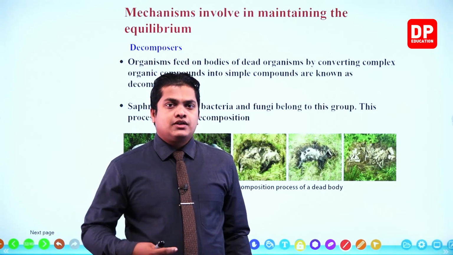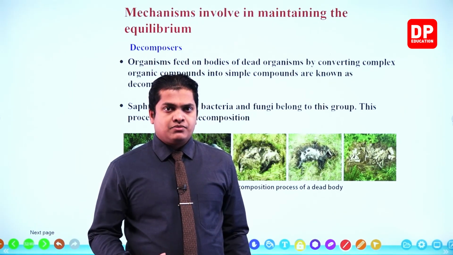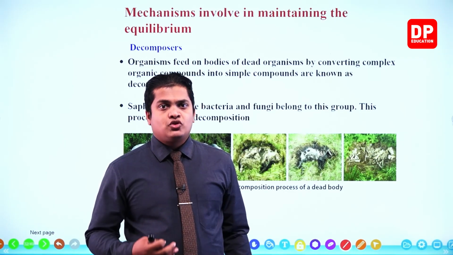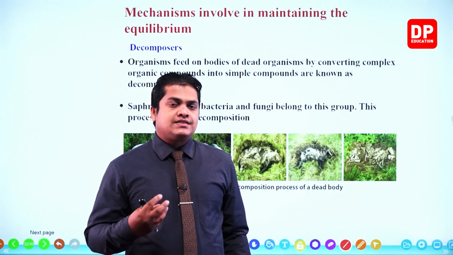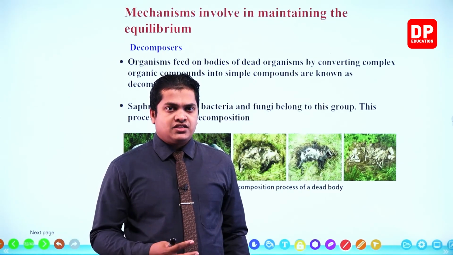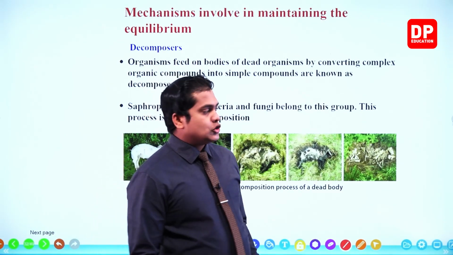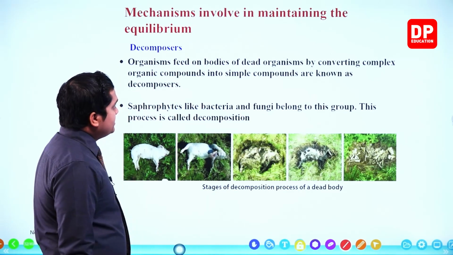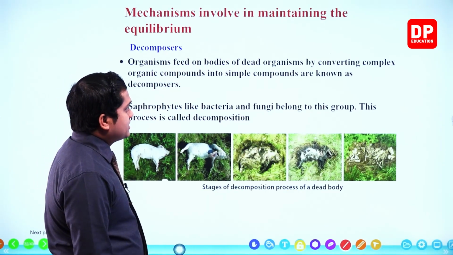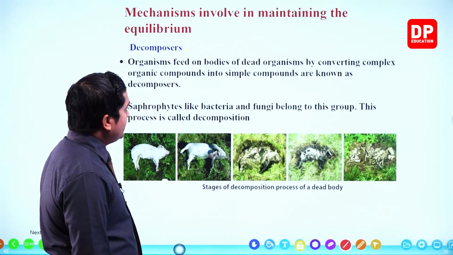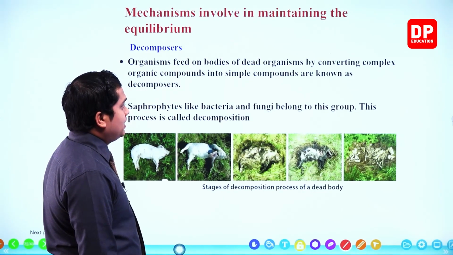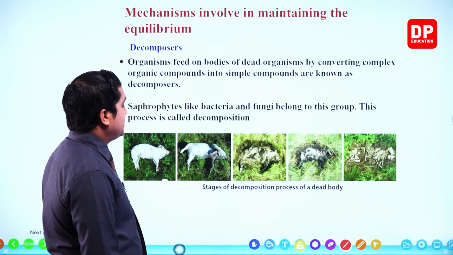Upon consumption, the entire body of the dead organism is going to decompose gradually as its components are utilized by the microorganisms. So organisms that feed on bodies of dead organisms by converting complex organic compounds into simple compounds are known as decomposers.